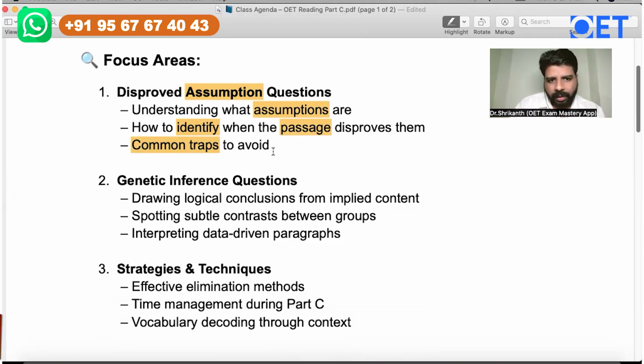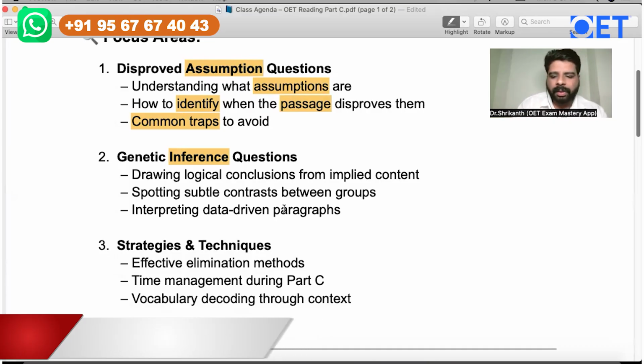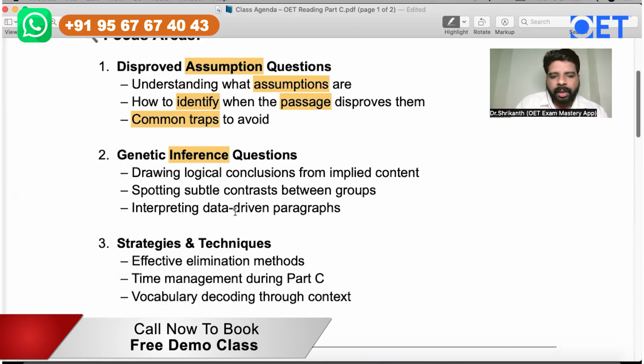The second question is also going to be an inference type question, related to genetic information about the human population. That is why I have termed it a genetic inference question. Here you will understand the answer with logical conclusions from implied content.